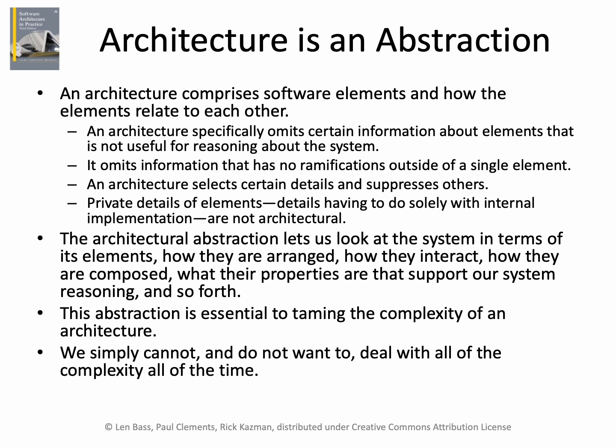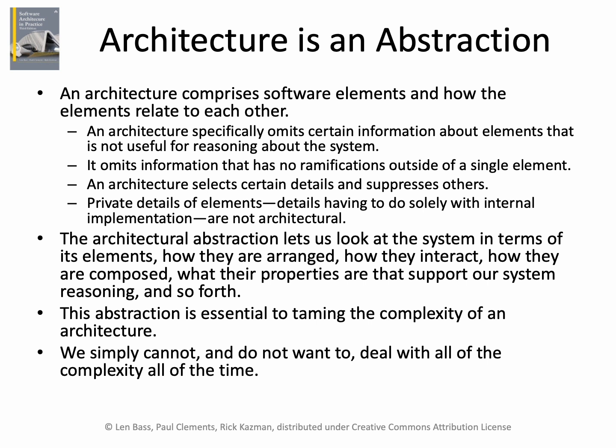The abstraction makes it easier to understand and discuss the system as a whole. You can talk about how the student management component interacts with the course management component without getting bogged down in the details of how each component works internally.